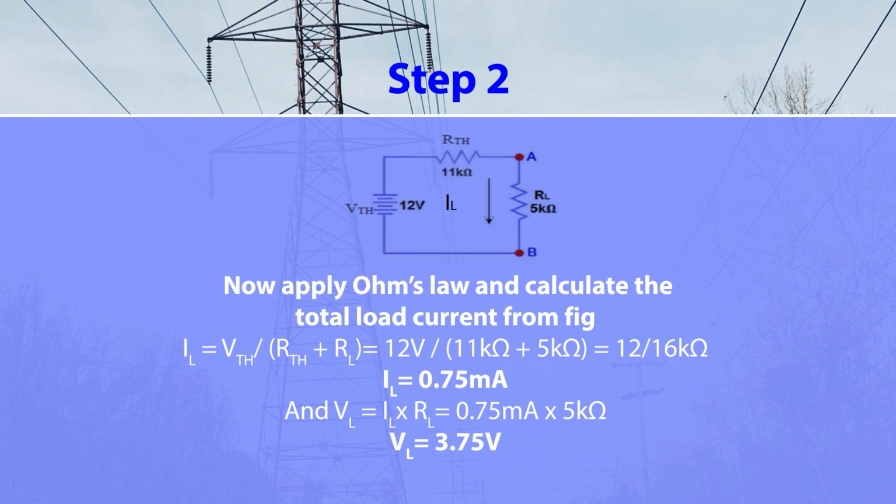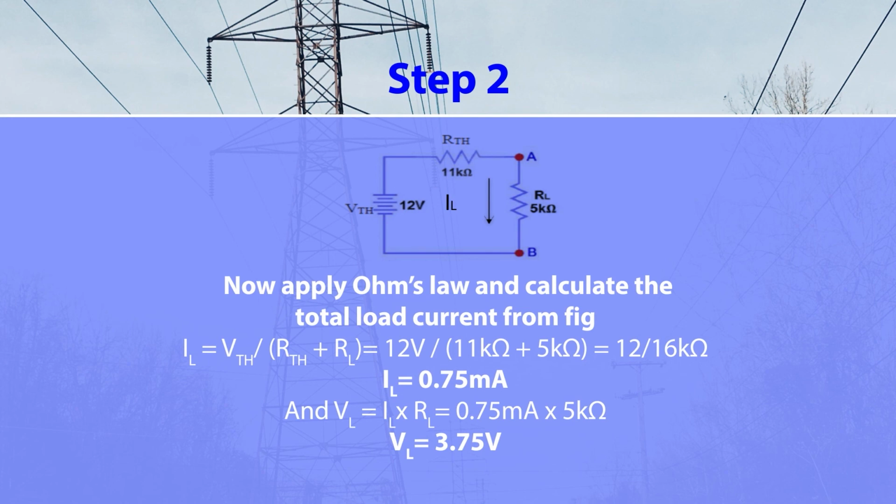Now it is asked, you have to find the load voltage across terminal AB. If you want to calculate the load voltage across AB, what do you have to do? You just have to multiply the load current by the load resistance. You have already calculated the load current, that is 0.75 milliampere. So this load voltage VL can be written as IL multiplied by RL.